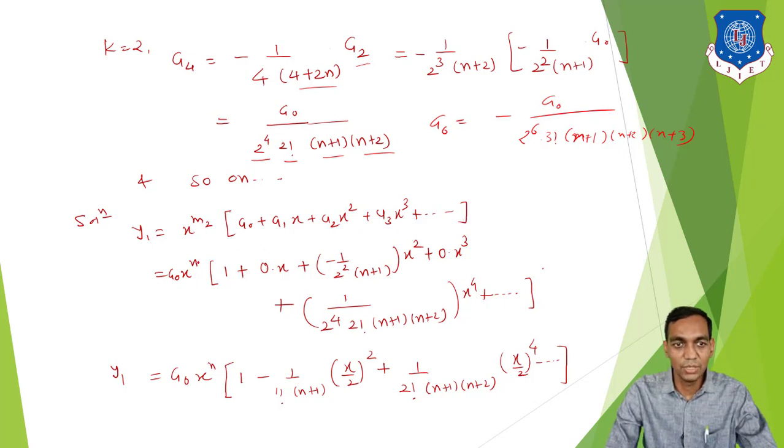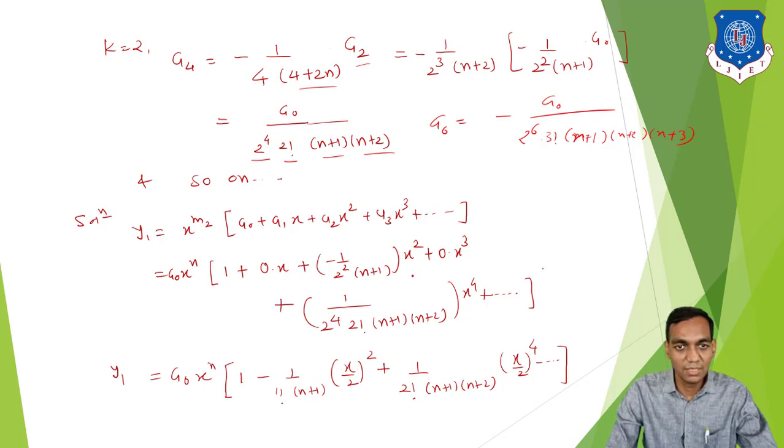So you have a0 into x raised to n plus 0 plus minus 1 upon 2 square into n plus 1 into x square plus 0 plus 1 upon 2 raised to 4 into 2 factorial into n plus 1, n plus 2 x raised to 4 and so on. So simplifying and taking out a0 common, that will give you y1 is equal to a0 x raised to n into 1 minus 1 upon 1 factorial into n plus 1 into x by 2 raised to 2.